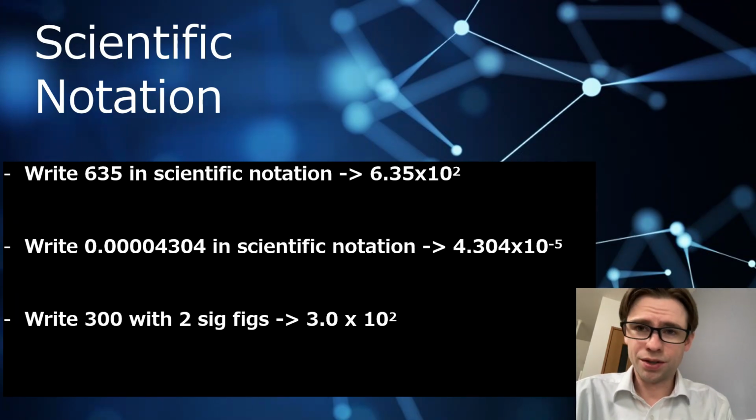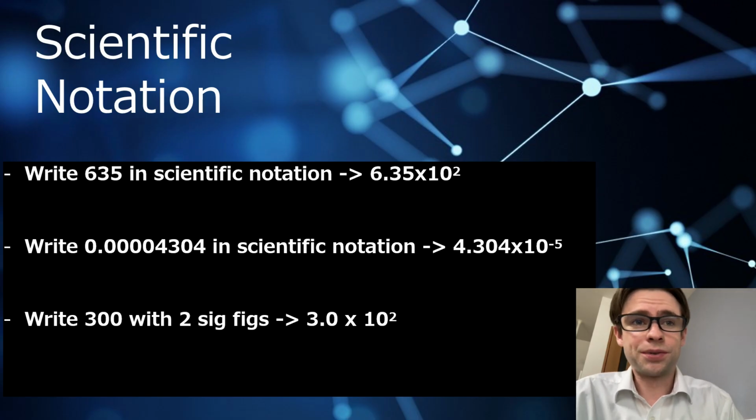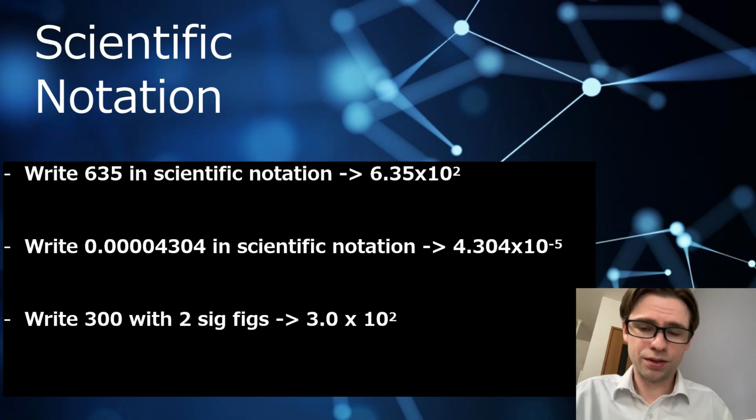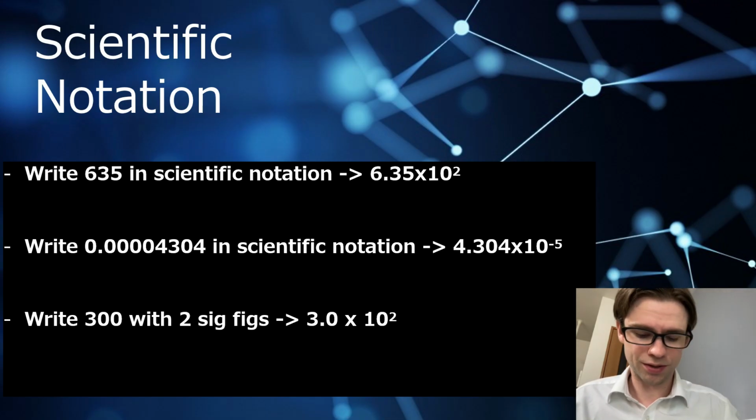If you just wrote 300 and then a decimal place after the second 0, now your number has 3 significant figures, and that might be beyond what you are comfortable or confident in expressing, and it might be the wrong answer on a test to have 3 significant figures. So writing it as 3.0 times 10 to the 2 is a way to write the number 300 with only 2 significant figures. Very useful tool.